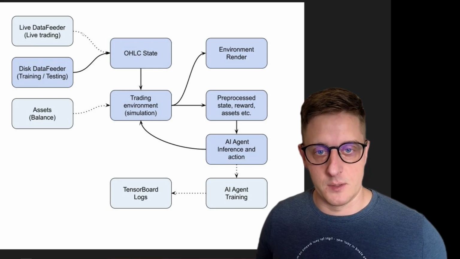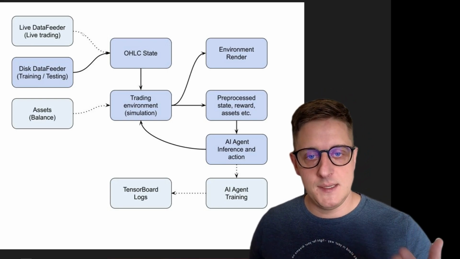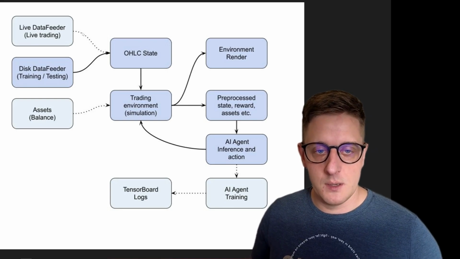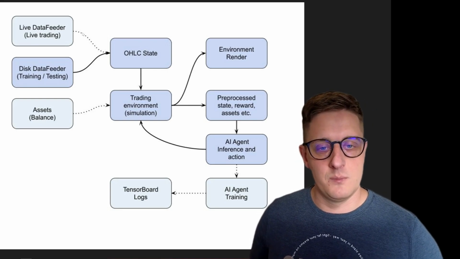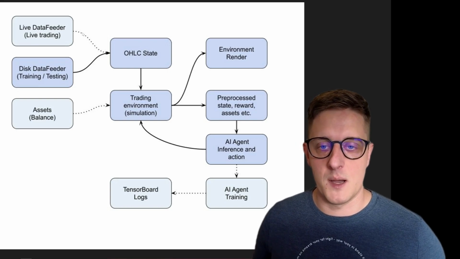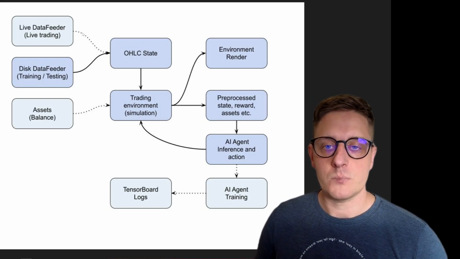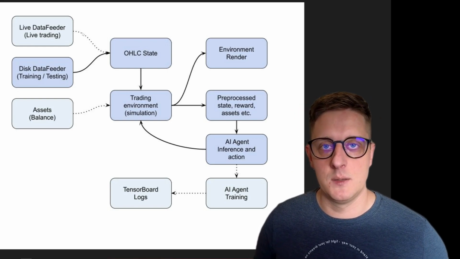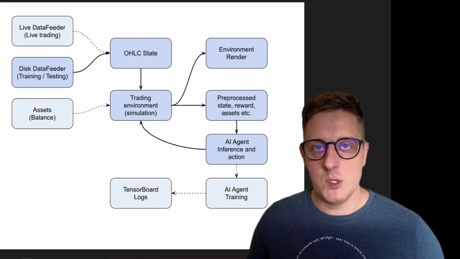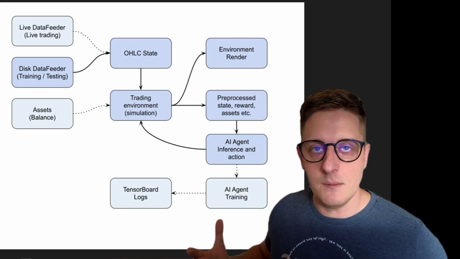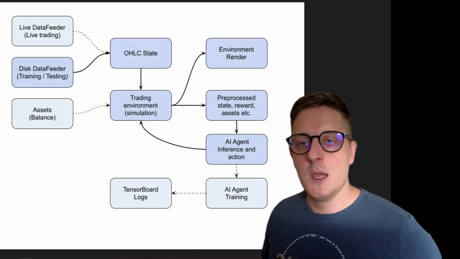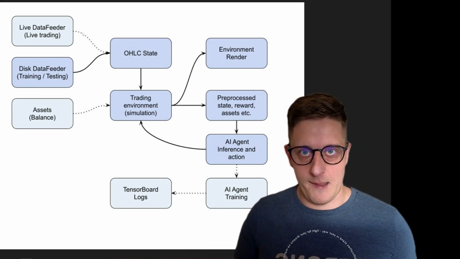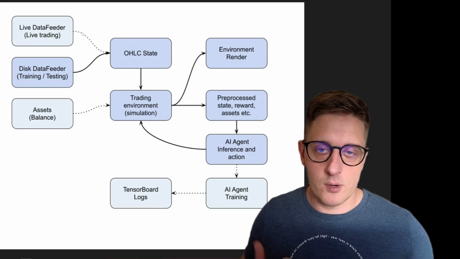Walking through these tutorials, I'll try to update this graph to show how it will work and what the whole structure looks like. I'll try to explain this more in code, but the idea is that usually when we are training some agent, we need to have data, and usually we use historical data to train our agents, and later we'll use this trained agent on live data for live trading, for example.